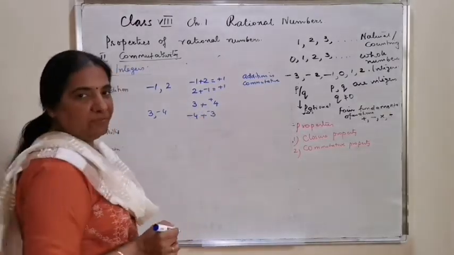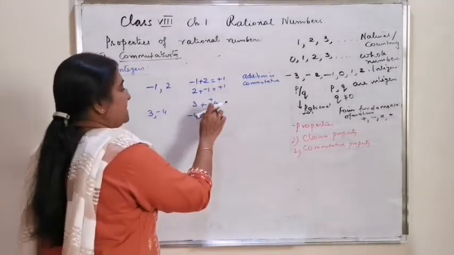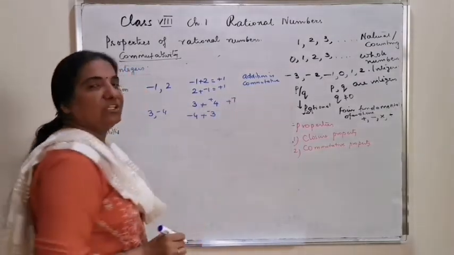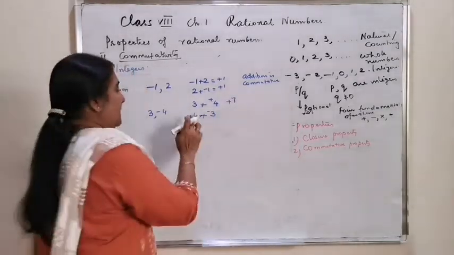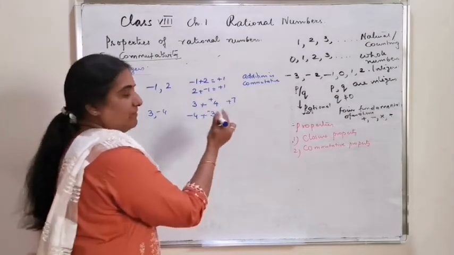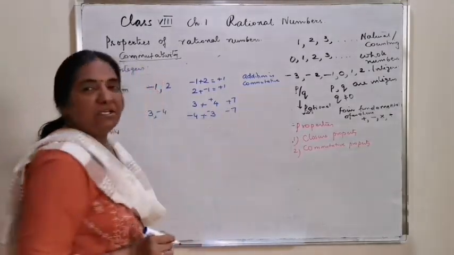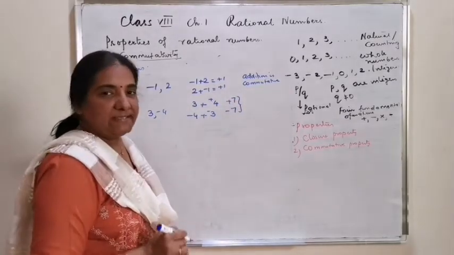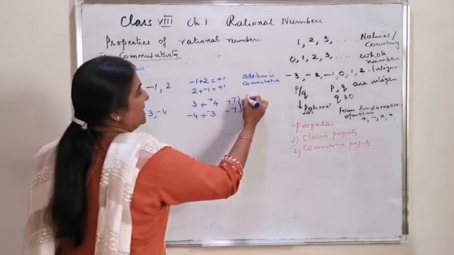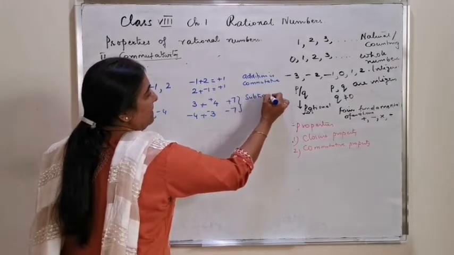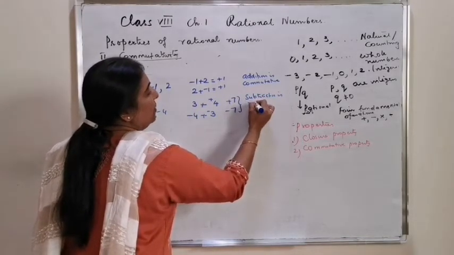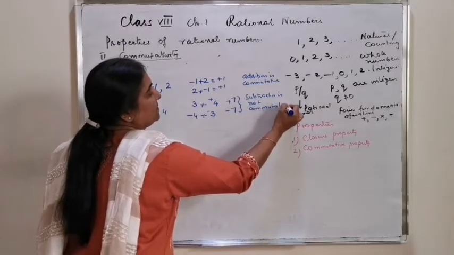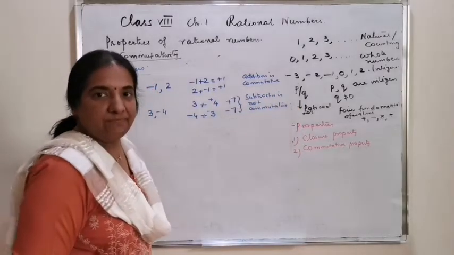Integers of like sign will be added and given the common sign, but the answers are not the same. What will you say? Subtraction is not commutative in case of integers.